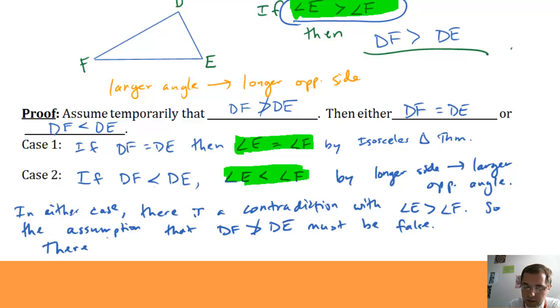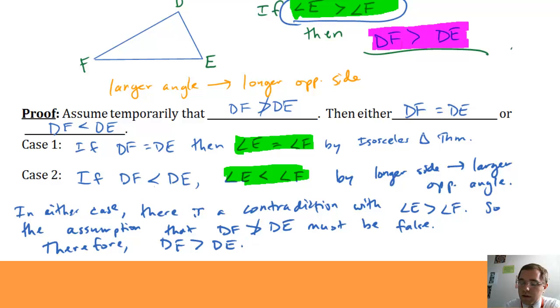Therefore, DF is greater than DE, which is exactly what we wanted to prove up here. So that is a complete indirect proof in what's called paragraph form for this theorem.